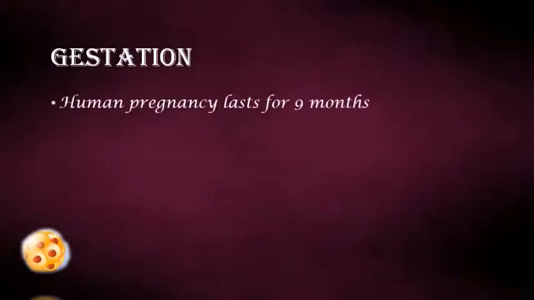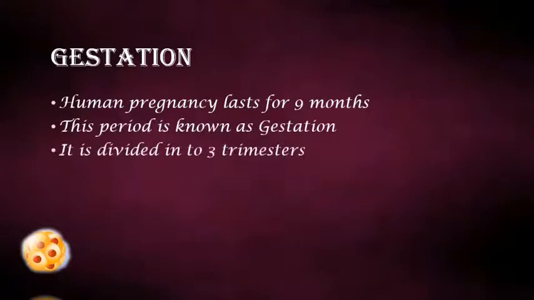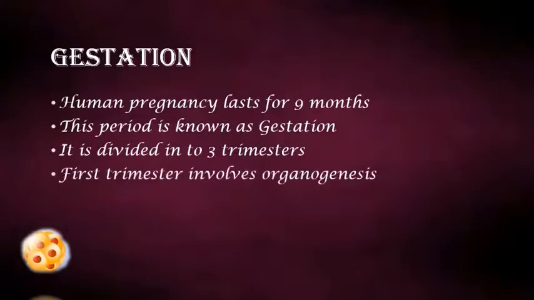Now we come to the next topic, that is gestation. Gestation is the period of human pregnancy which lasts for around 9 months. This 9-month period is divided into 3 trimesters. The first trimester, the first 3 months, involves organogenesis, that is formation of organs.